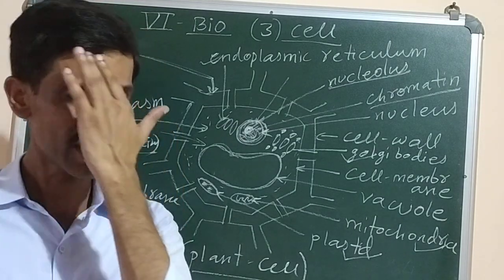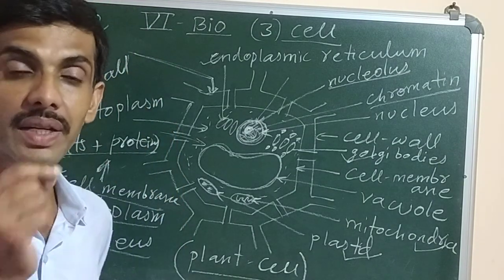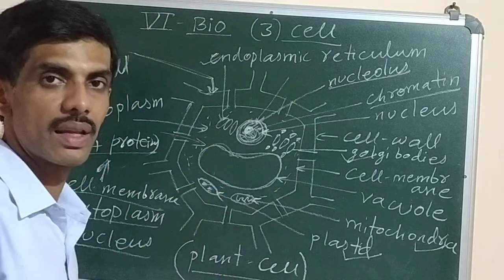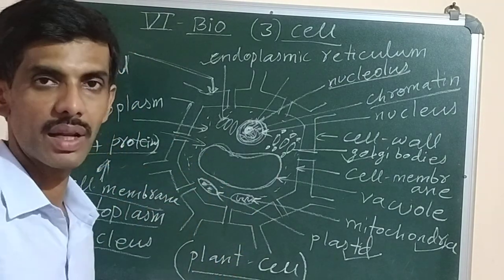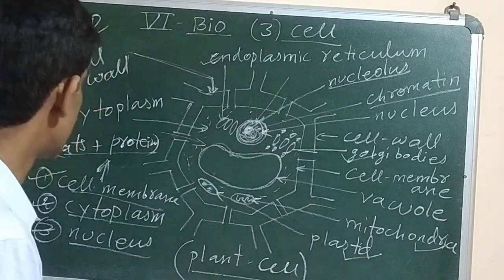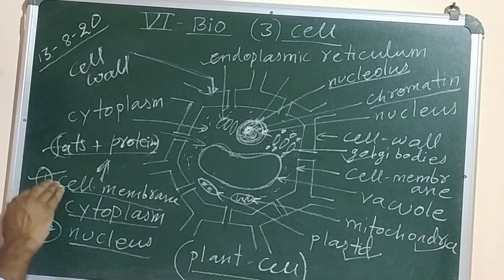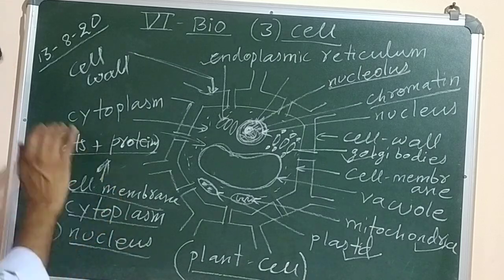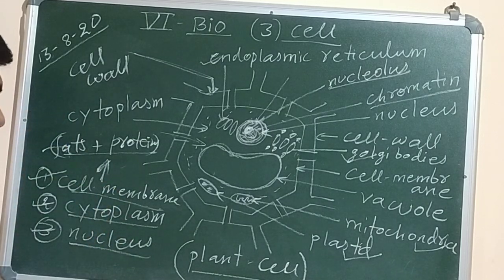Selectively permeable means it will allow only the selected particles to move inside the cell or move outside the cell, not everyone. All the particles are not allowed to enter inside the cell. So the cell membrane is present in both the plant cell as well as the animal cell. Okay? It is a living membrane, that you have to learn.